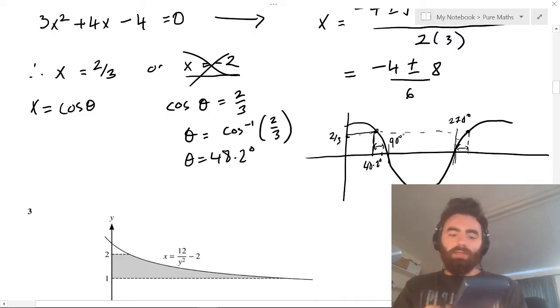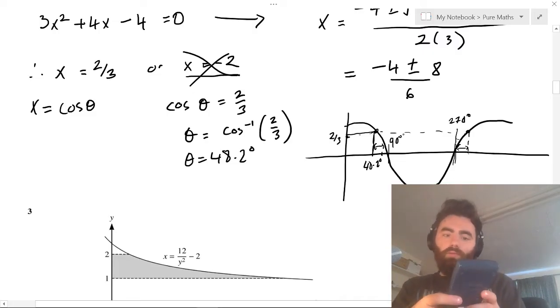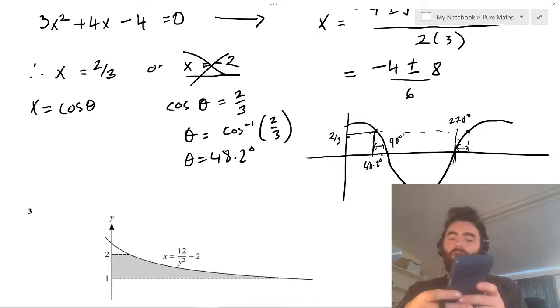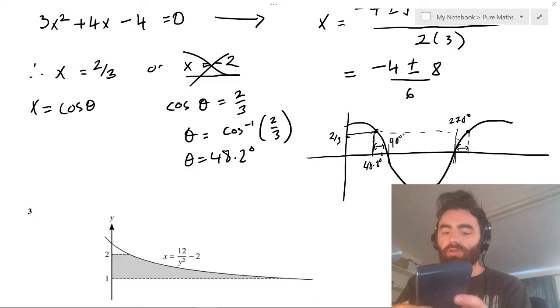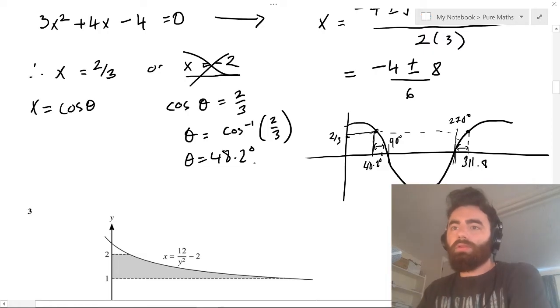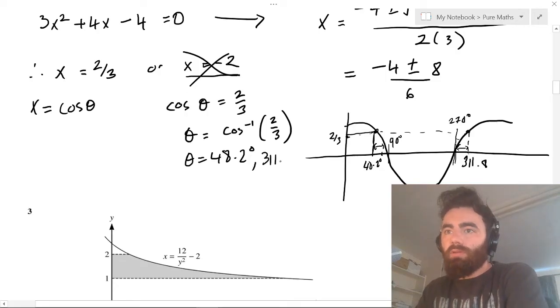So if we do 90 minus 48.2, we get 41.8. So then we do 270 plus 41.8, which is 311.8. So the second solution is 311.8. So we have two solutions.